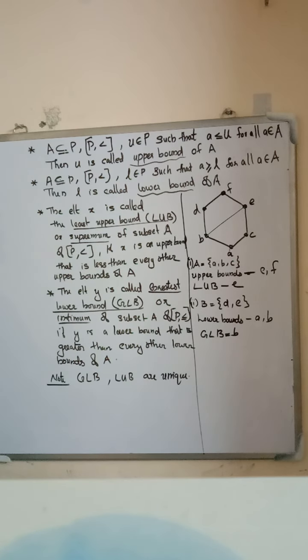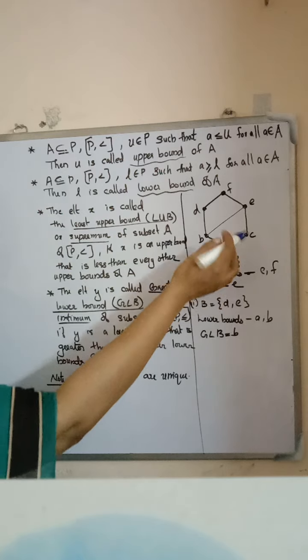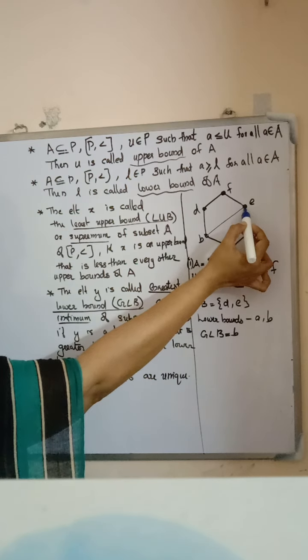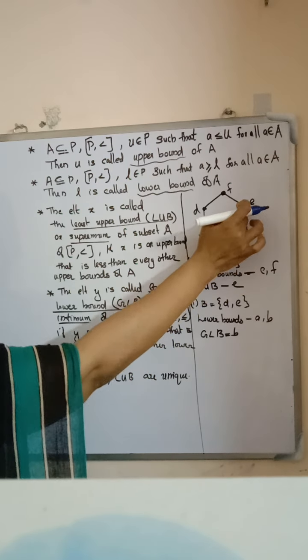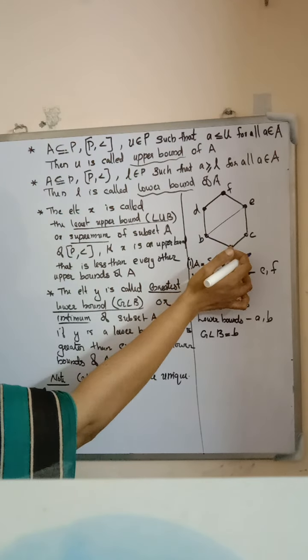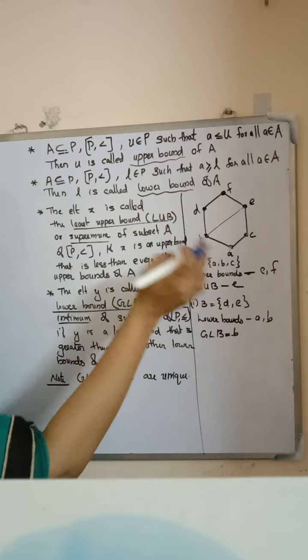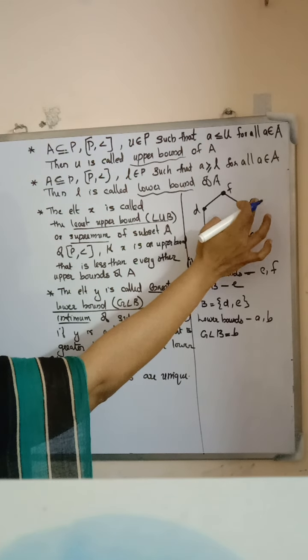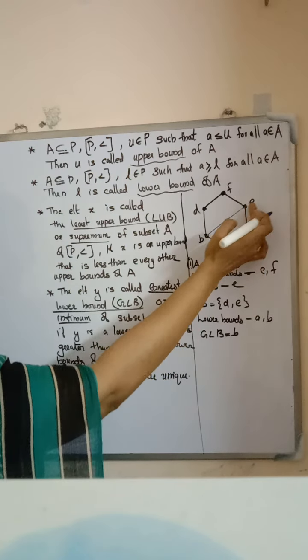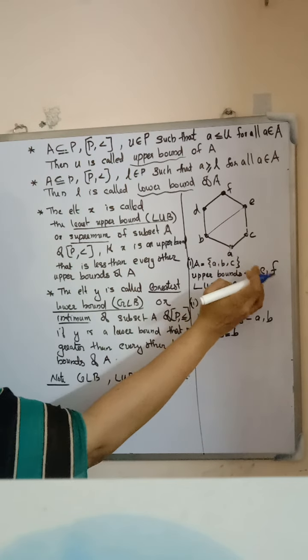Definitely A is less than E, because a partial order relation is transitive and the Hasse diagram deletes the transitive edge. So here the transitive edge is understood because A is related to C and C is related to E. So there is a relation from A to E, so definitely A is a predecessor of E, or A is less than E. Therefore, E is in the upper bound, because all the elements in the subset are less than E.